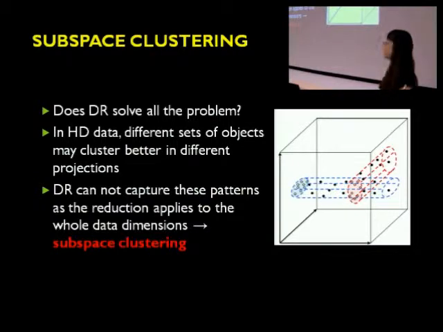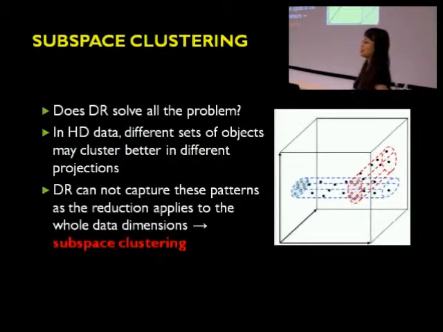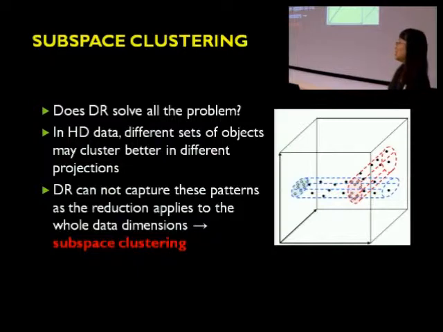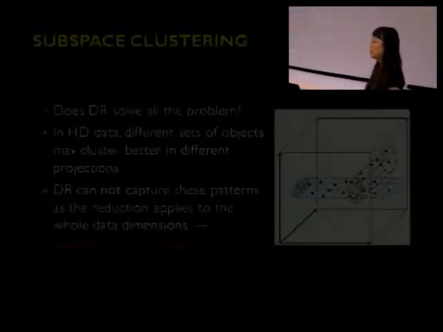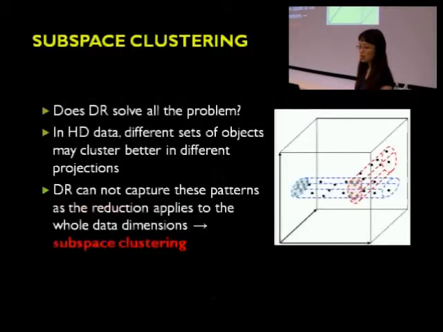As I mentioned before, in high-dimensional data, often patterns exist in different subsets of attributes, and dimensionality reduction techniques can't identify these patterns because they perform dimensionality reduction over all dimensions. So this leads to the research in developing subspace clustering algorithms.